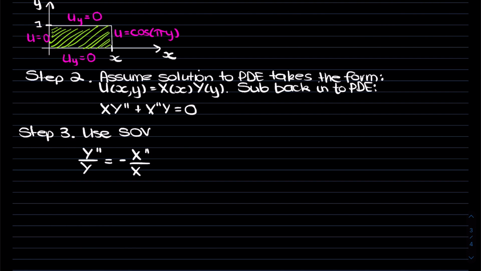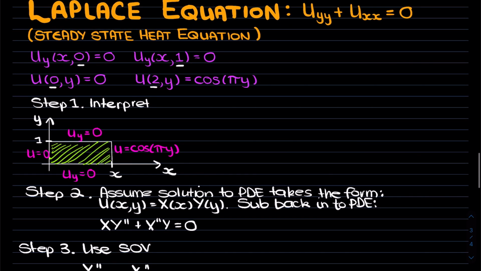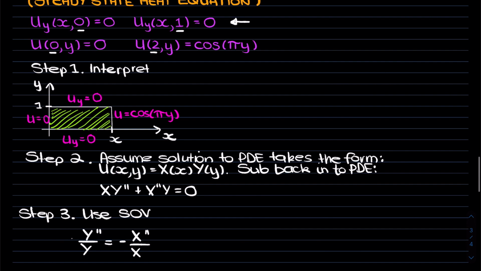In this case, there has to be a negative sign on one of the sides. Because Y up here has our two homogeneous conditions, then we're going to have the plus side for the y, and we're going to put the negative sign with the x.